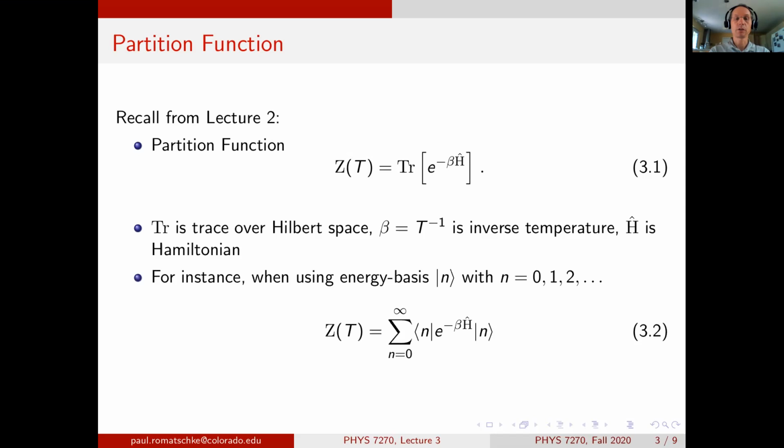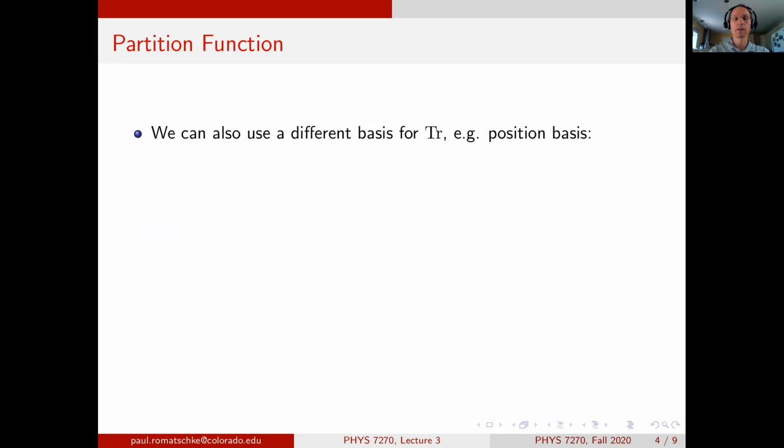We found that if we use the energy basis |n⟩ for the Hilbert space, we can write down the trace simply as a sum over all the n's from 0 to infinity. And that led us to a result for the partition function.